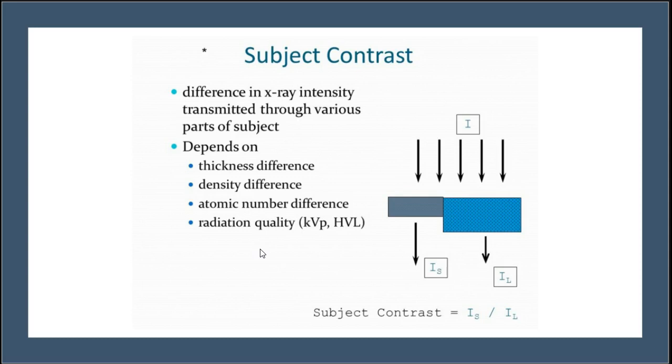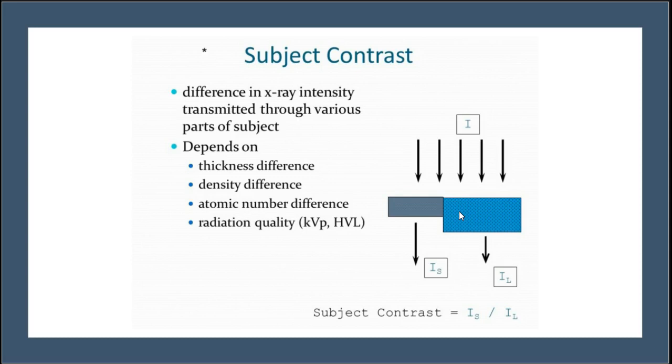So it depends on the thickness differences, okay, the density differences. So how thick is it? Is it thin or is it thick? As you can see, this is going to have a photon that's going to pass through it more than the thicker. It's going to absorb more of your photons. Now, if they're packed tighter, so fat compared to muscle, it's a more dense object, and is going to absorb more of your photons.